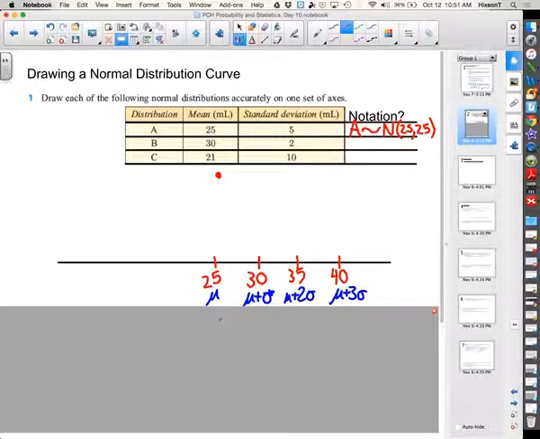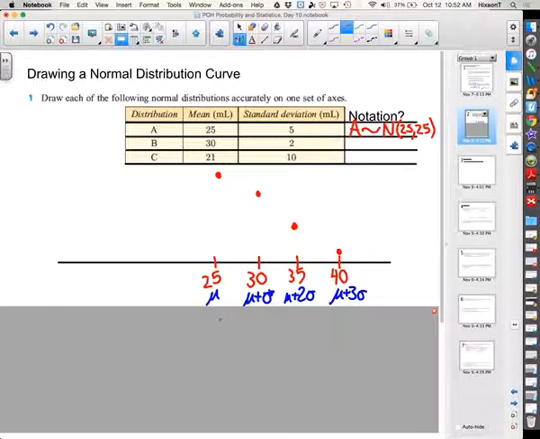Now, what's going to happen here is this is going to give me half of my bell curve, my normal curve. It's going to start going down a little bit by the time we reach that first standard deviation. It's going to go down a little bit more by the time we reach this second standard deviation. And then it's going to be actually pretty low by the time we reach our third standard deviation.